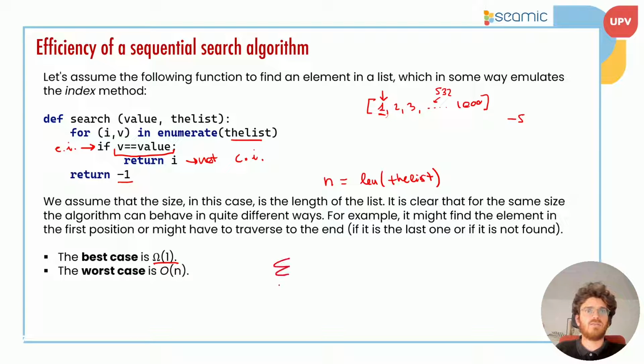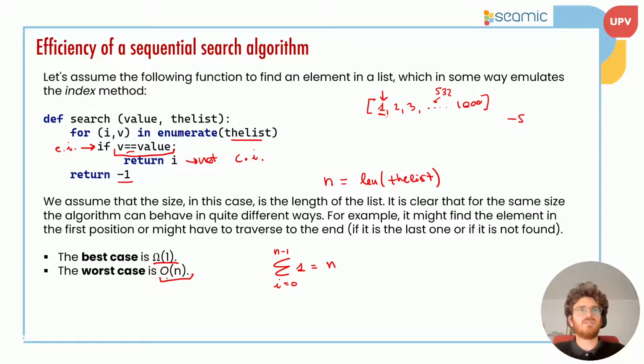And thus we would have a sum from i equals 0 to the length of the list, so n minus 1. And each time we would execute a constant operation, which would be the equality, so 1. And this is n. And thus we have a linear cost for the worst case.